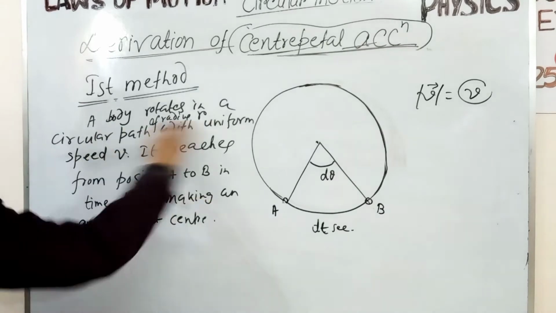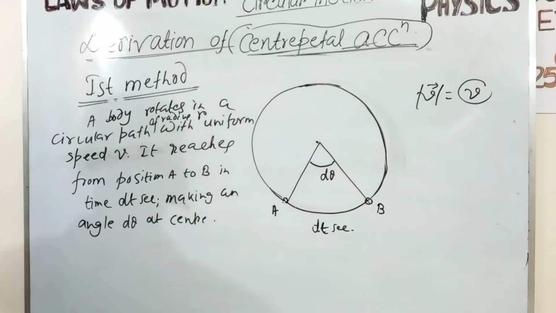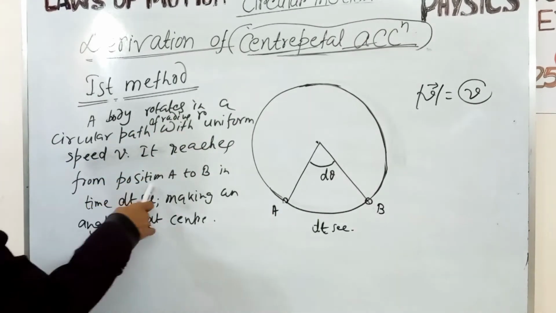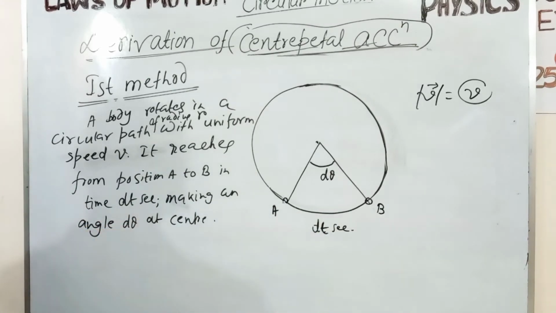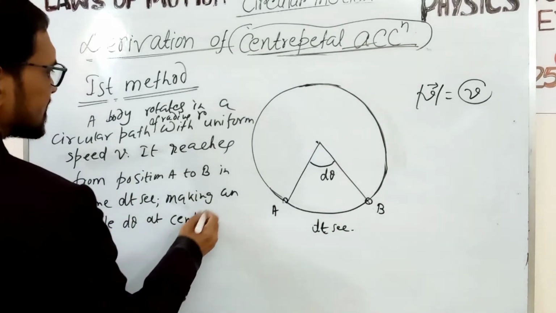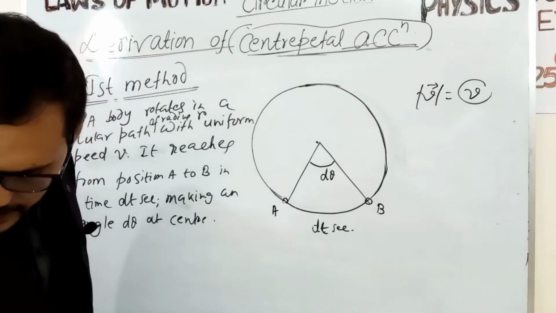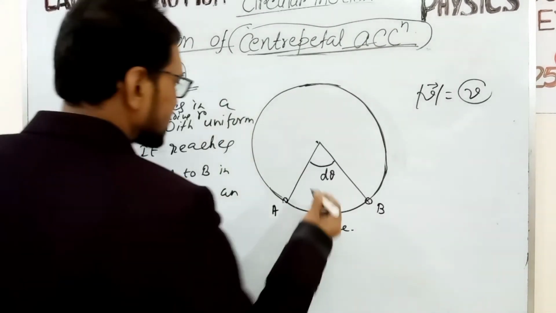So you can write this way in school exam: a body rotates in a circular path of radius r with uniform speed v. It reaches from position A to B in time dt seconds, making an angle d theta at center. So when the particle reaches from this to this, it makes an angle d theta at center.